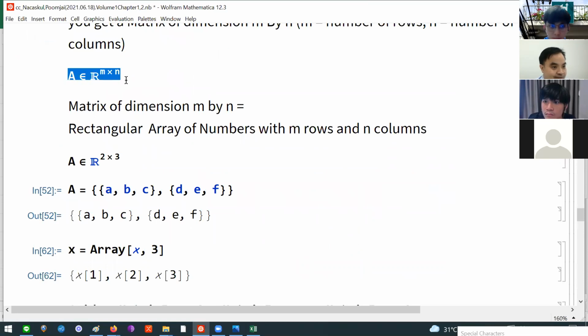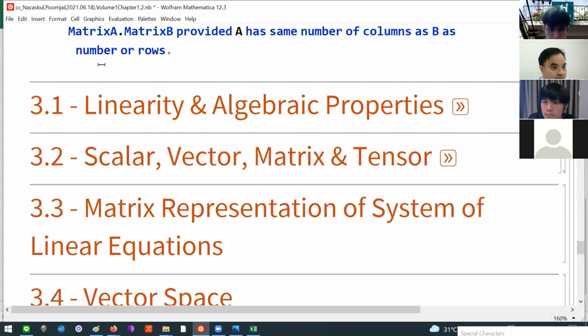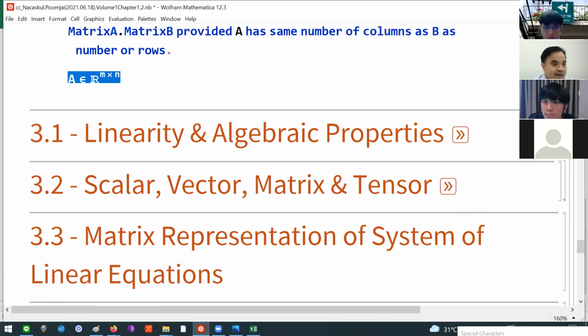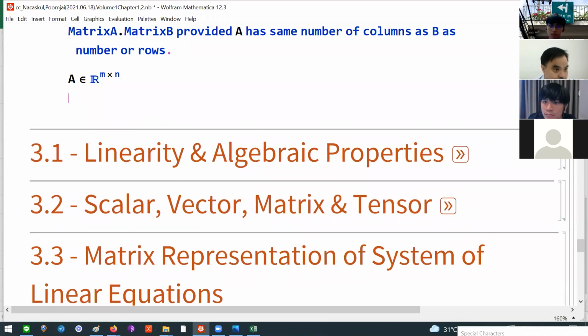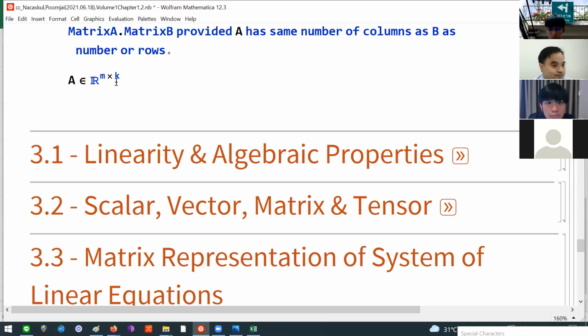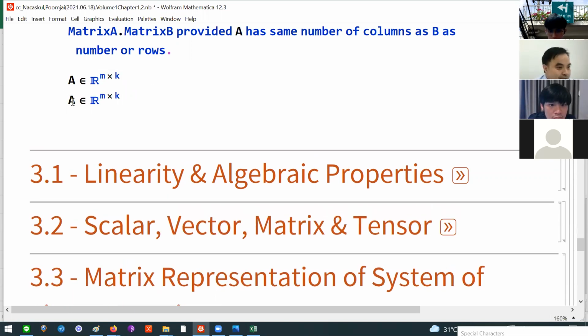So this leads to a generalization. If I have this, A is m by k, meaning it has m rows, k columns. You know what's coming next, right? B is k by n, k rows, n columns.